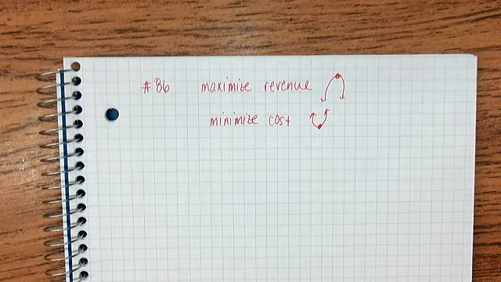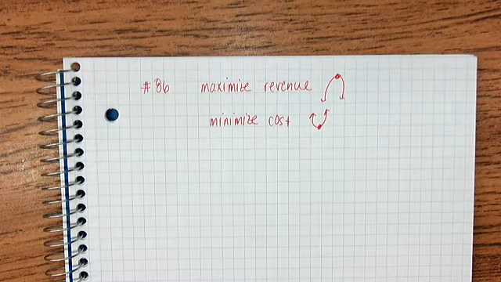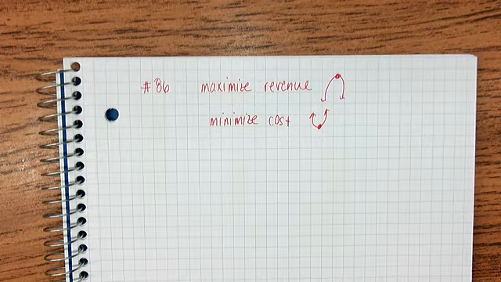So maximizing revenue says the John Deere company has found that the revenue in dollars from the sales of riding mowers is a function of the unit price P in dollars that it charges.